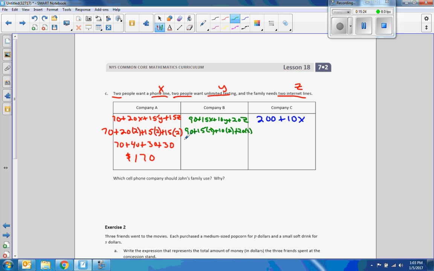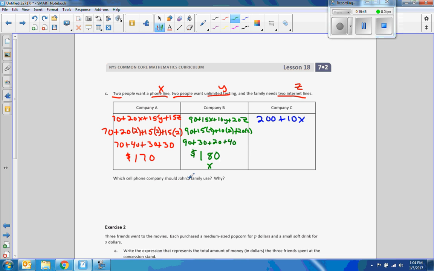So it'll be 90 plus 15 times 2 is 30, plus 10 times 2 is 20, plus 20 times 2, which is 40. 90 plus 30 is 120, plus 20 is 140, plus 40 is 180. Okay, so right now that's more expensive than A, so the answer will not be B.